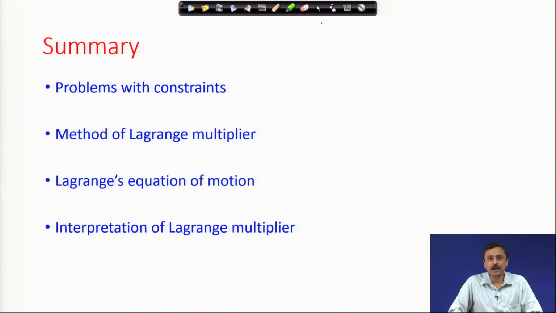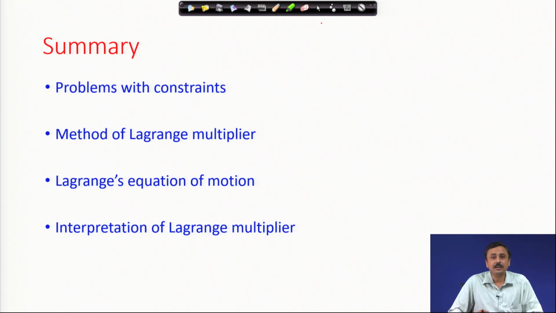To summarize, we had looked at problems with constraints. We have used the method of Lagrange multipliers to derive the equations of motion, and remember I had discussed a most general way of deriving the equation of motion including the constraints, and that we have used today in the example.